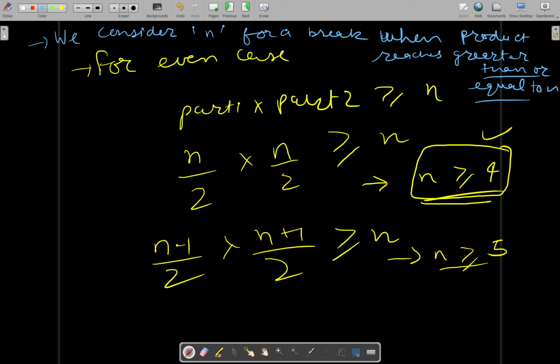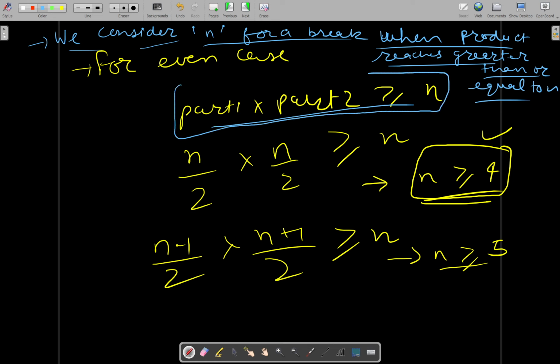Okay, then you will consider breaking your current value of n. So whenever your part 1 and part 2 product becomes equal to or greater than n, then you will do a break. It will be the most optimal case to break n further. Okay, and that's pretty much it.